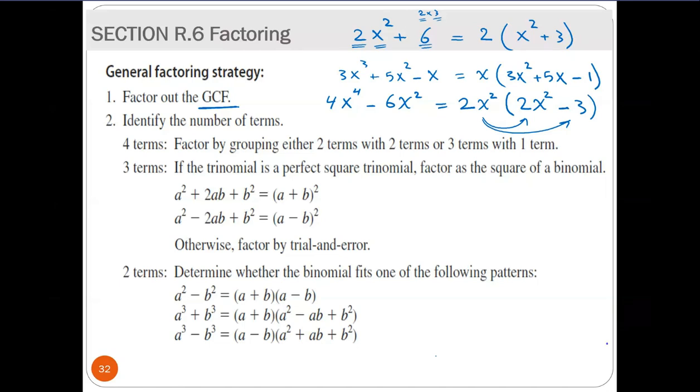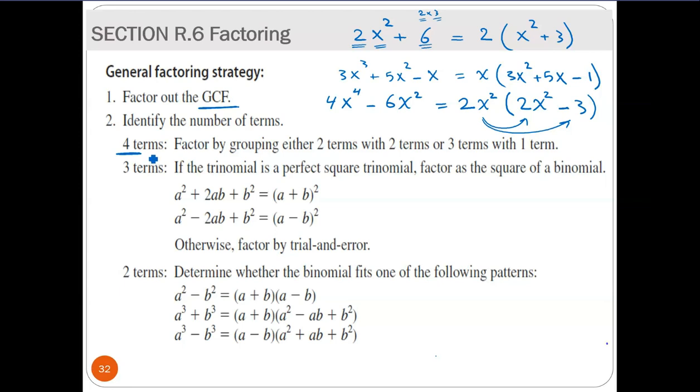The second step, if you have 4 terms, we can put each 2 terms together and find the common factor for each group. Or sometimes, in special cases, we take 3 terms with 1 term.